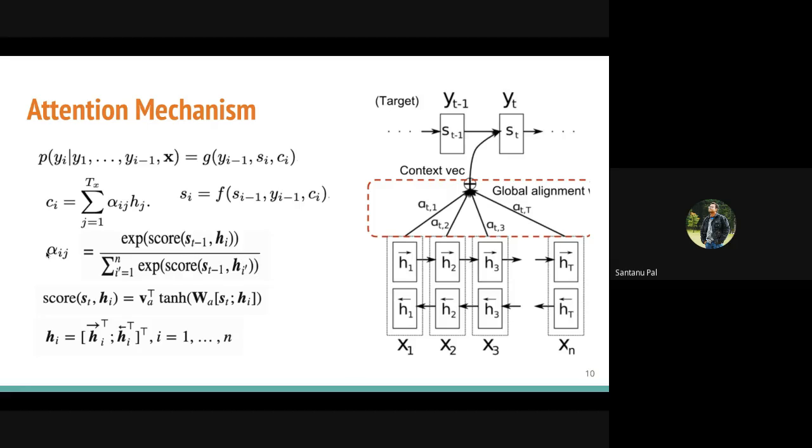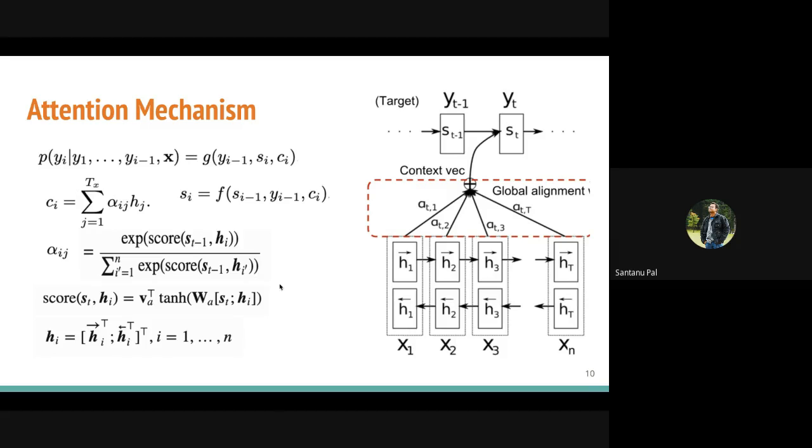So this alpha ij is the attention score, which is then passed to the context vector. This context vector is nothing but this attention score along with the hidden layers. So this is actually a weighted average of all the input hidden states.